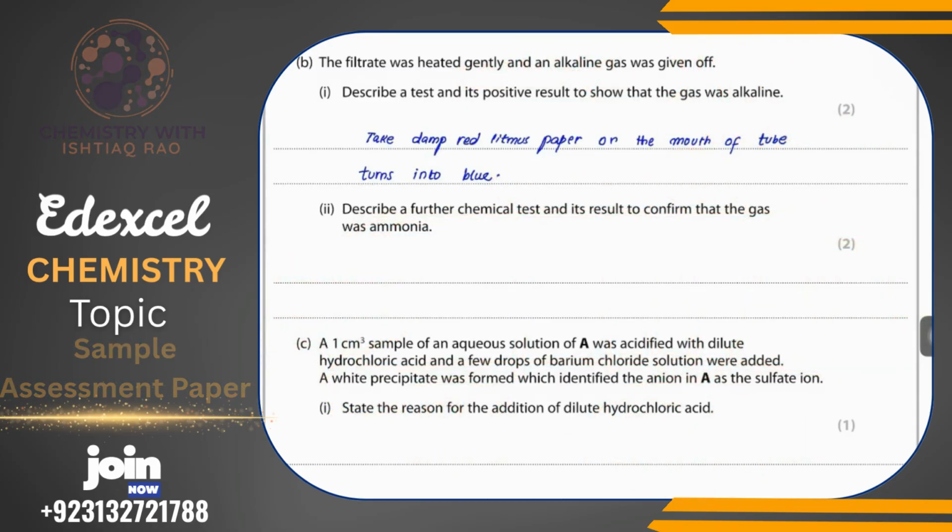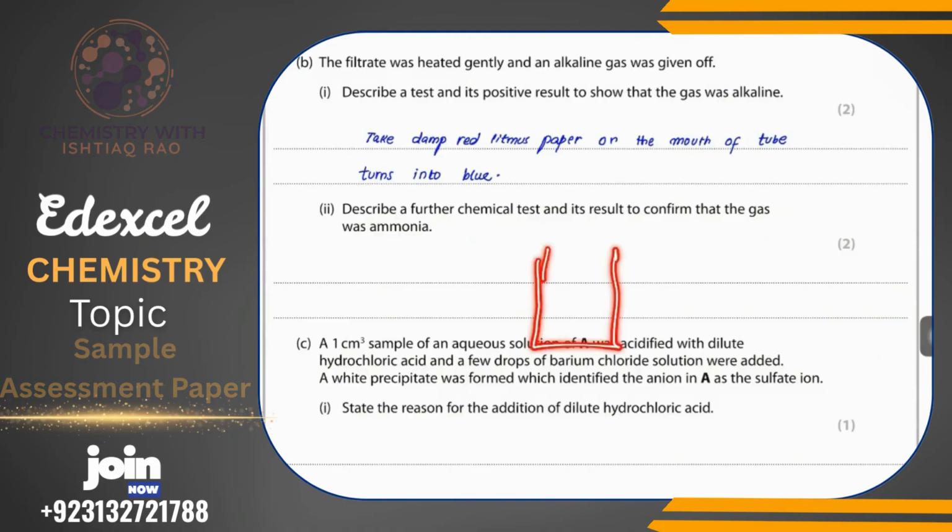If they are asking for the confirmatory test for ammonia, we can use HCl. But what would be the method in the lab? I can take a glass rod dipped in concentrated hydrochloric acid, since it is a concentrated acid and ammonia is a gas. Say in a jar I have ammonia.